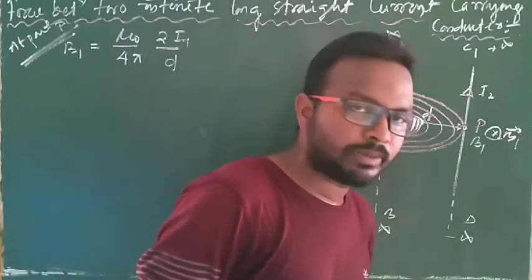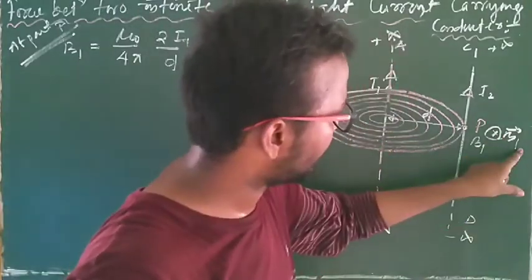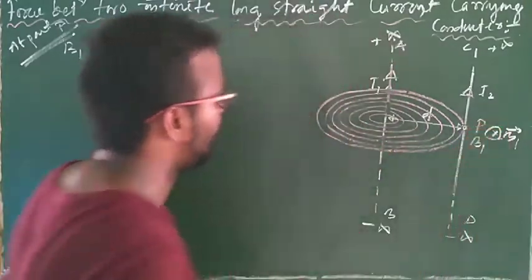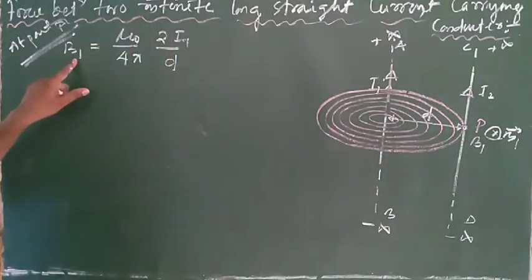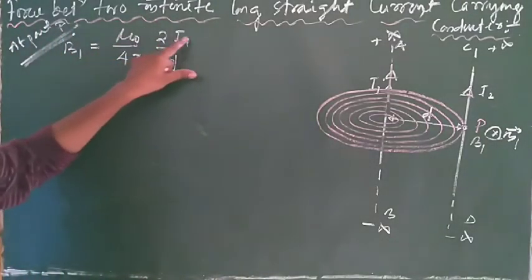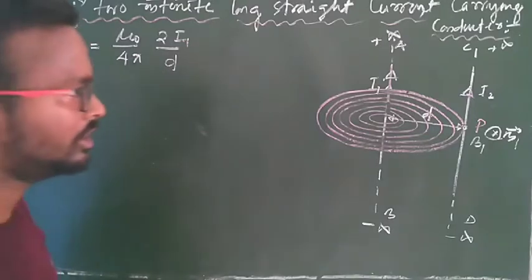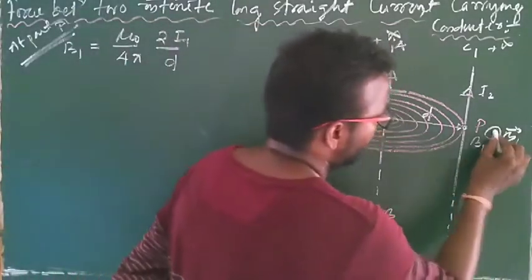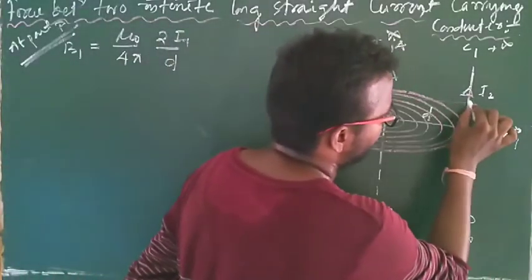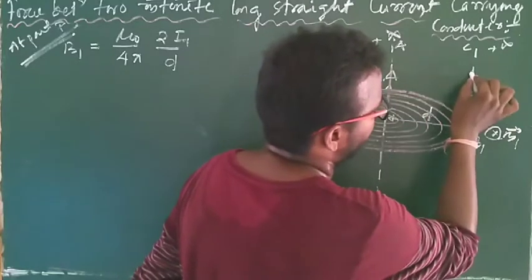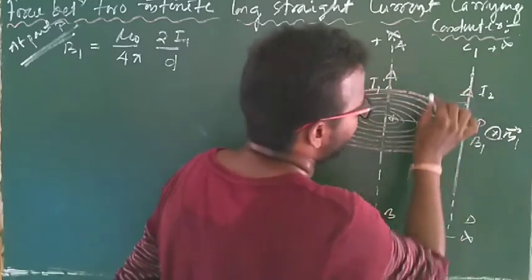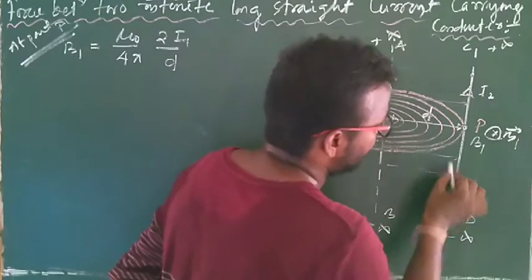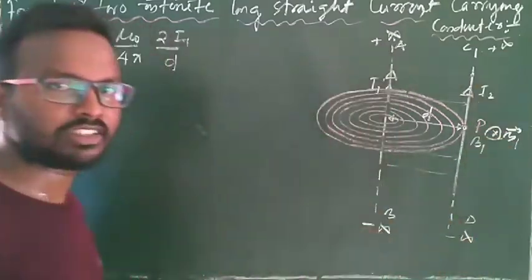The cross is a convenient method to denote an inward magnetic field. B1 equals mu naught by 4 pi times 2 I1 by d. Clear? So at every point at this distance, the magnetic field is B1. That means at a distance d, the magnetic field strength is constant.